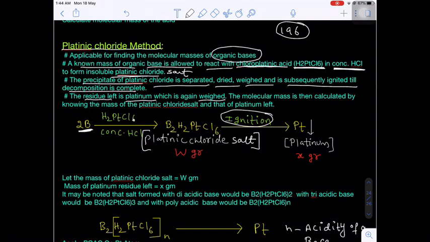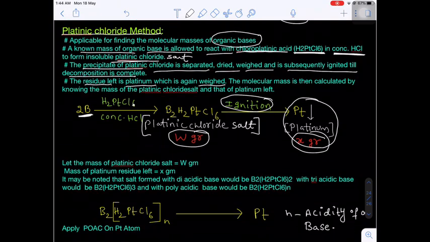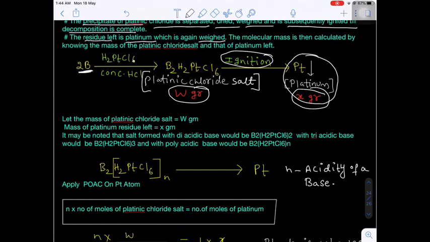On strong heating this salt, finally you will get the platinum residue. Let the platinic chloride weight be W gram and the platinum residue weight be X gram.